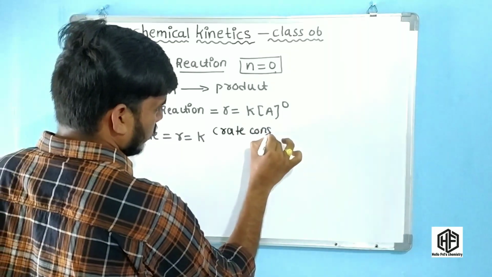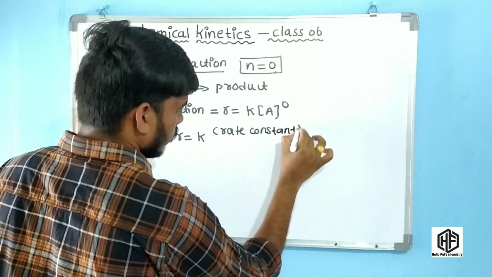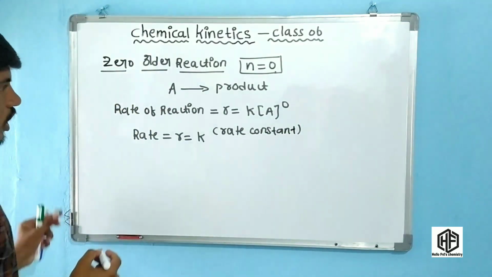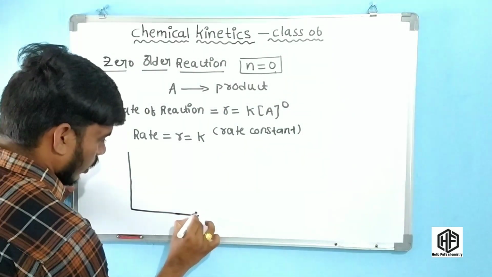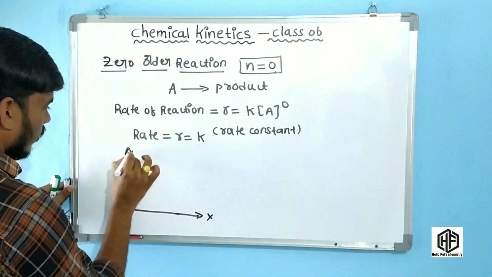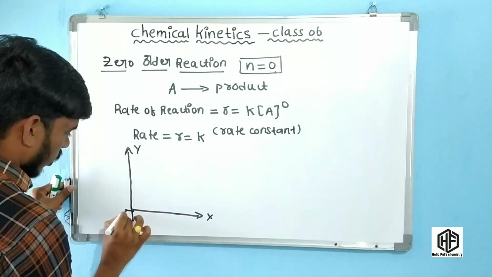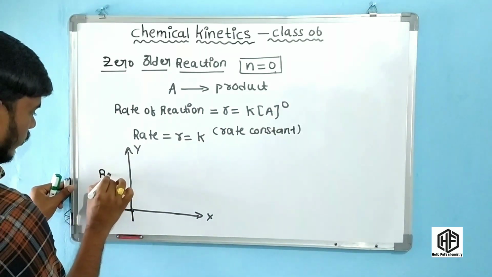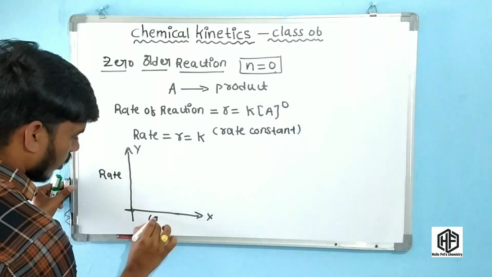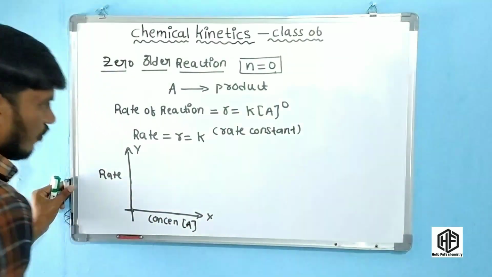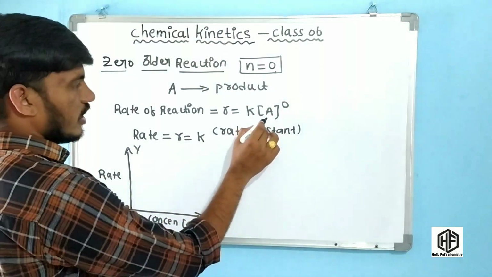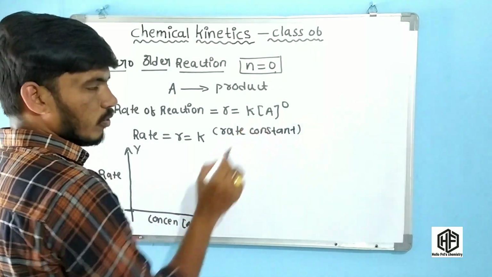Rate constant. Okay friends. Now I represent the graph, with x-axis and y-axis. I represent the graph for rate and concentration, that is concentration of A. Friends, you know that the rate of reaction cannot depend upon concentration.